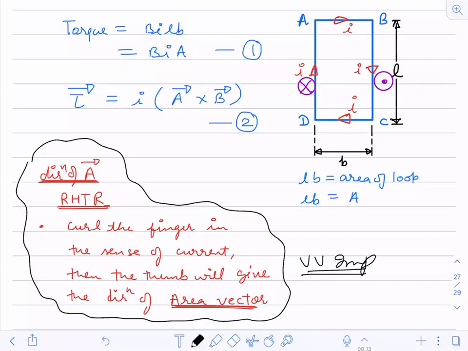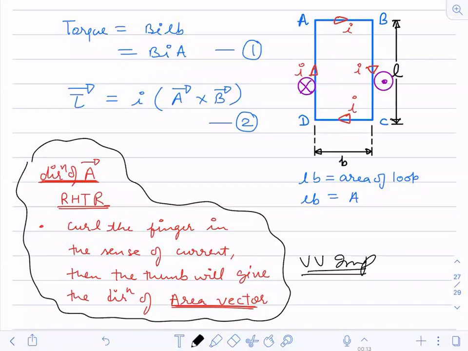If they are asking the direction of torque, from the direction of flow of current you will calculate the direction of the area vector, and then the magnetic field vector will be given to you, and then you will calculate the torque and its direction. So remember that, don't make any mistake here.